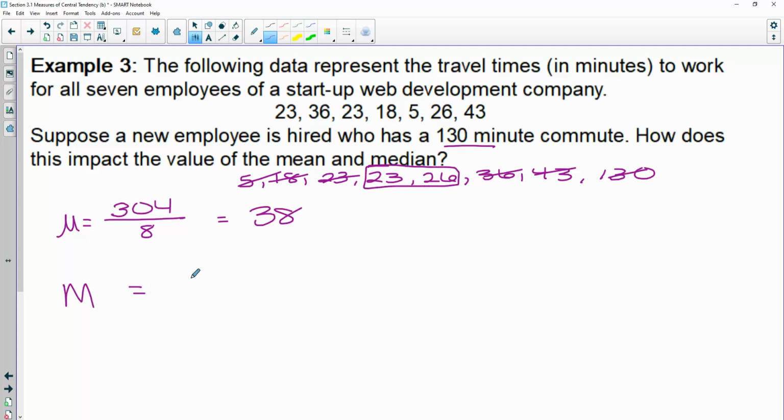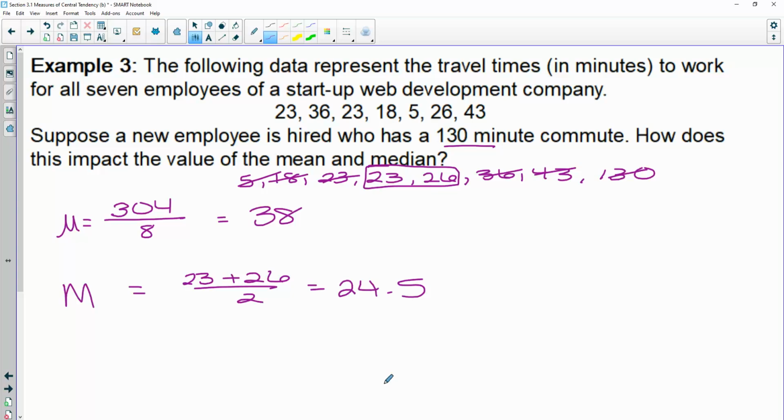So if you have two numbers like that, to find the middle, you add them up, divide by 2. And we get 24.5. Is everybody okay with that?